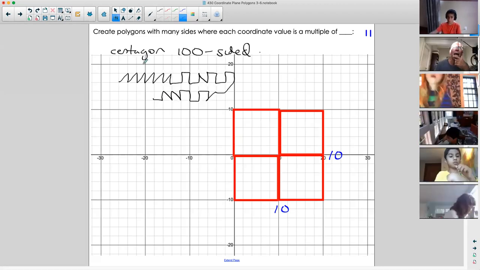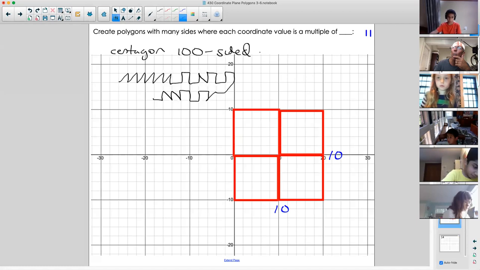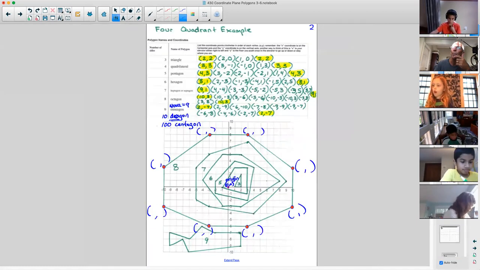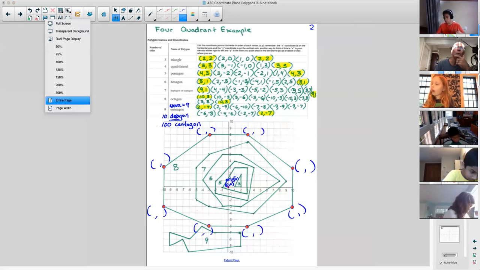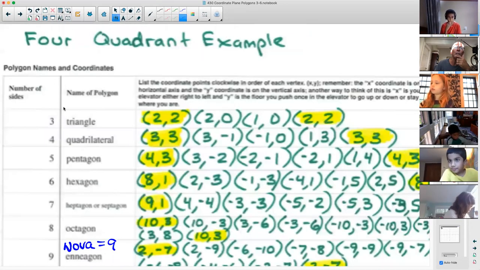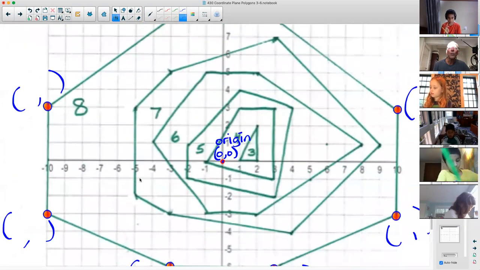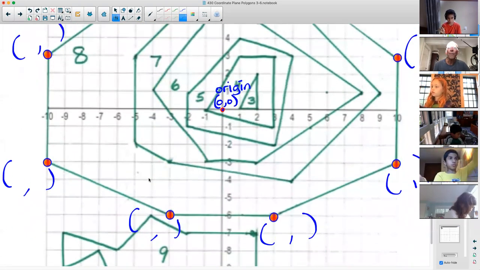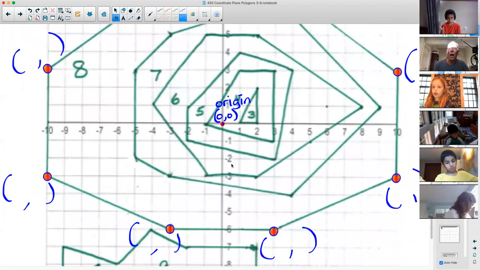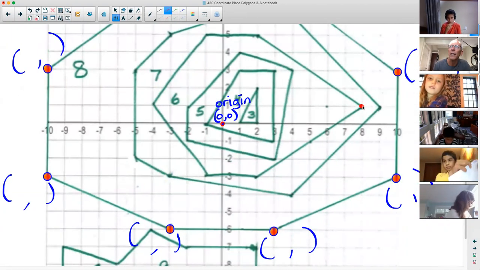Now, everybody go back right now to page 2. What I'm going to do is challenge you guys to name the following point. Are you ready? This one's going to be relatively easy.